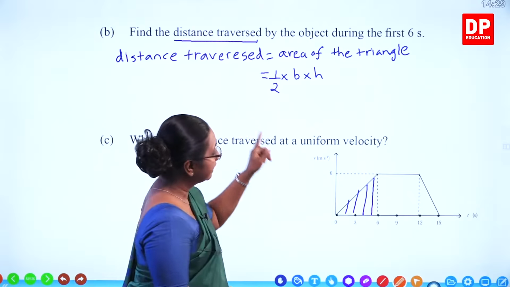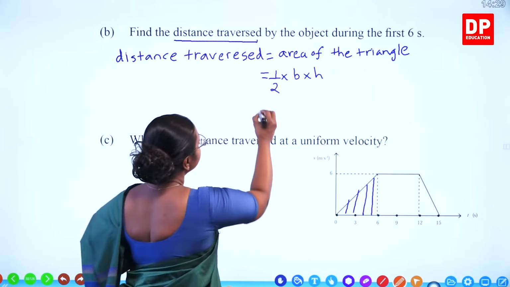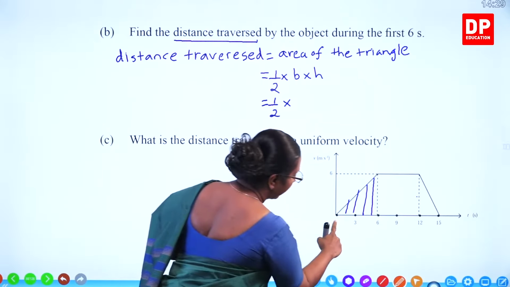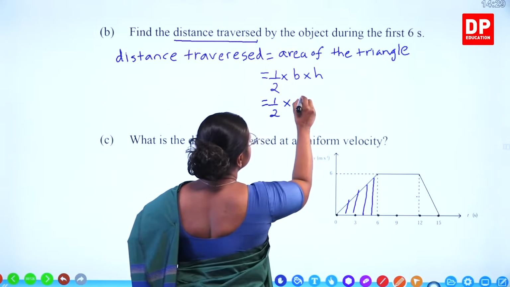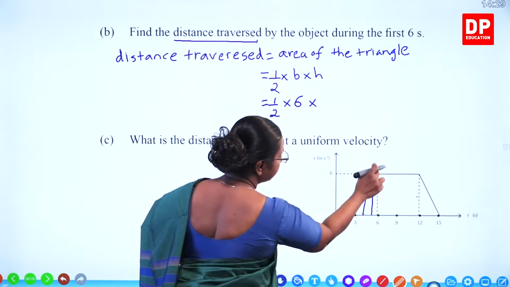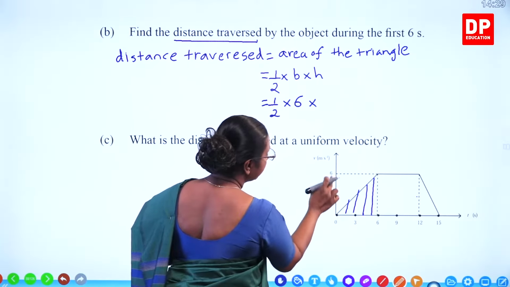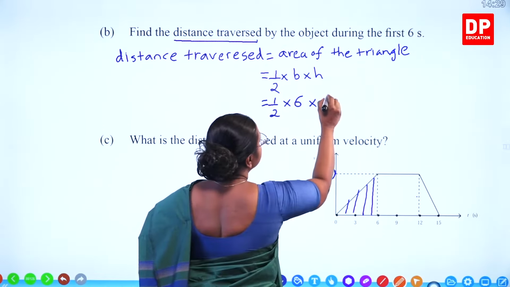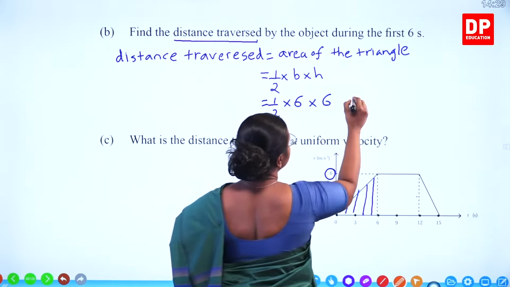So, we calculate the area of this triangle, that will be equal to half into base, you can see 0 to 6. So, 6 into height is again this height. So, from 0 to the point again 6 there. So, here half into 6 into 6.